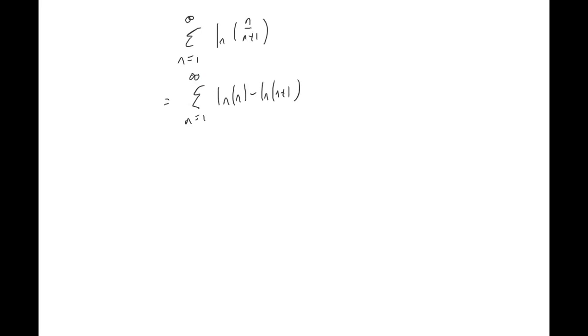And just to see what's going on, you could always write it out. When I plug in n equals 1, I get this. This is for n equals 1, minus, plus n equals 2, plus n equals 3, so on and so forth.